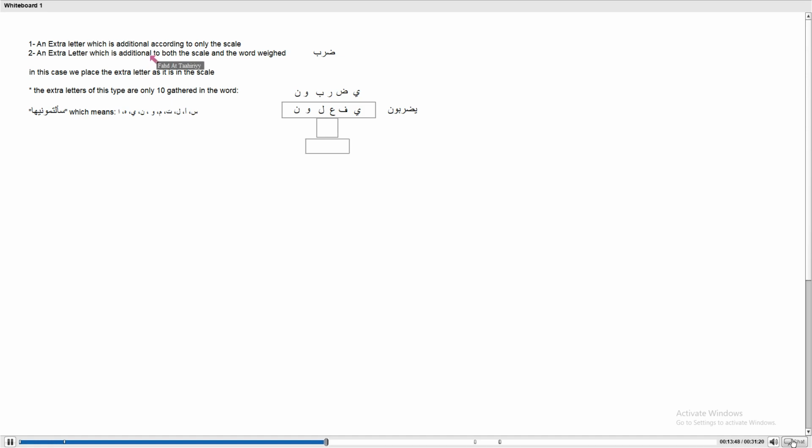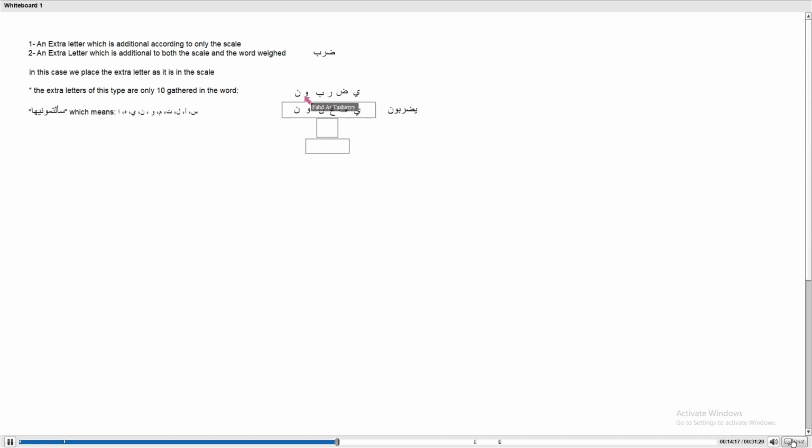That means that whenever you see an additional letter, over what is original, don't count the original as one of the letters of سألتمونيها. Be careful. This is when it's in addition to the original letters.